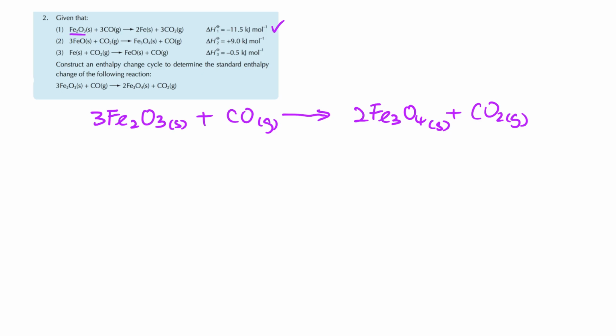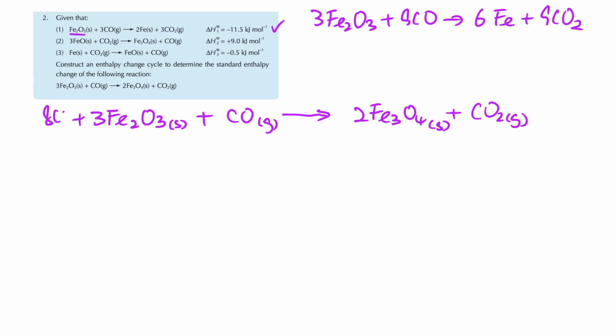We got 3 Fe2O3 here, so with the whole equation, we run 3 times. 3 Fe2O3 plus 9CO, and then you have 6 Fe and 9 CO2. So you need 8 CO extra, because 8 plus 1 will become 9. So you have 8 CO here.